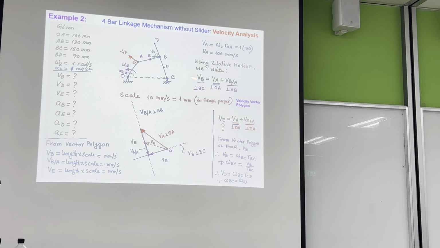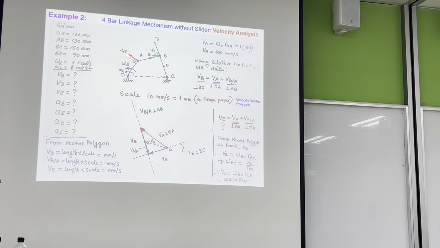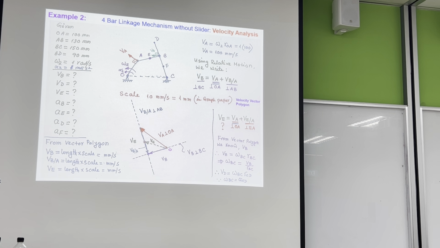Here, I write exactly the same approach. Yesterday I showed you relative motion. Remember that? So the velocity at point B will be velocity at point A plus velocity of B relative to A. So I wrote this, and look at here, very correct. Using relative motion, we write. Every time I write how I write that equation, from where all of a sudden this beautiful equation appears here. Does it come from the sky, or does it come from somewhere else?